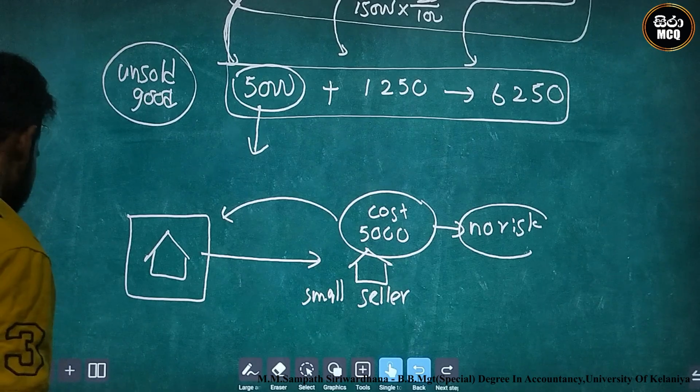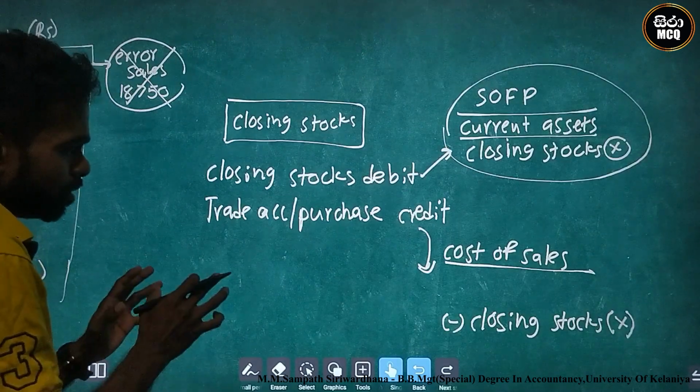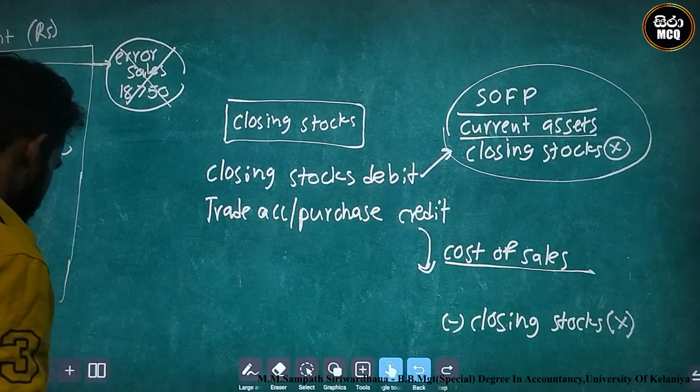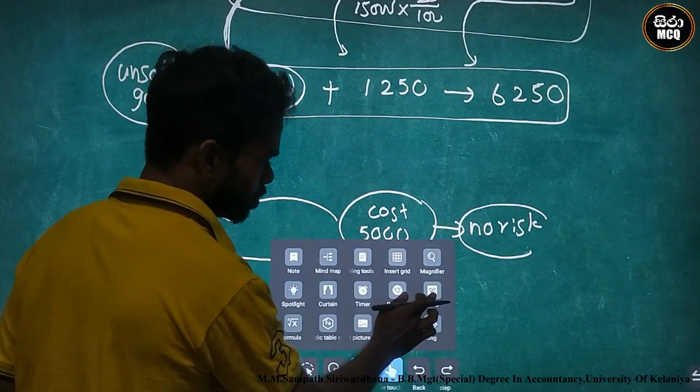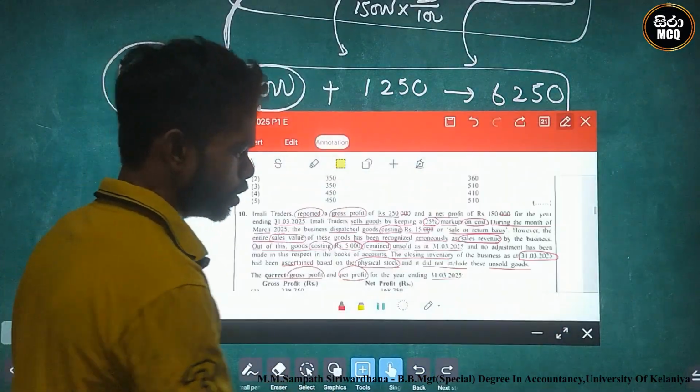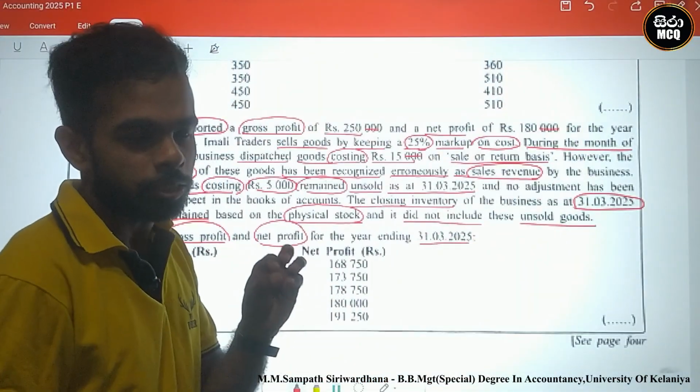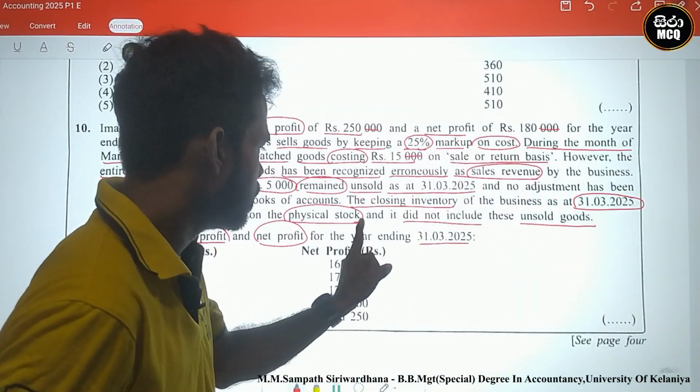They already accounted closing stock, but these unsold goods were not identified.